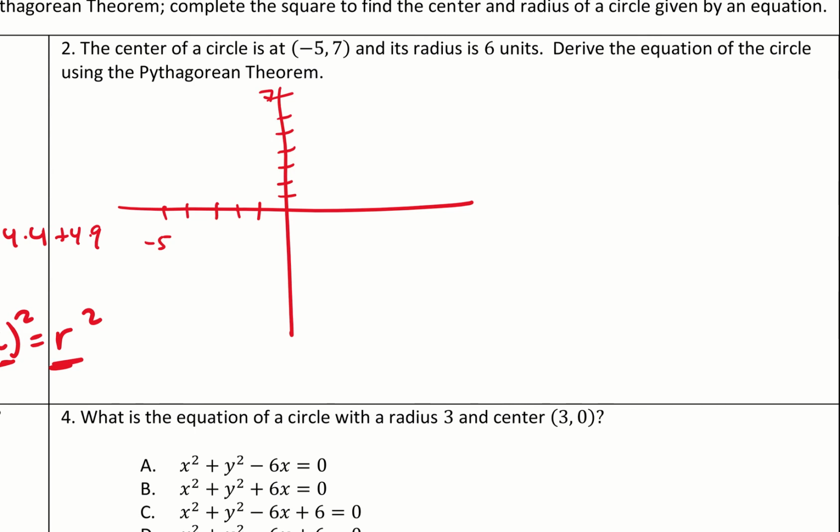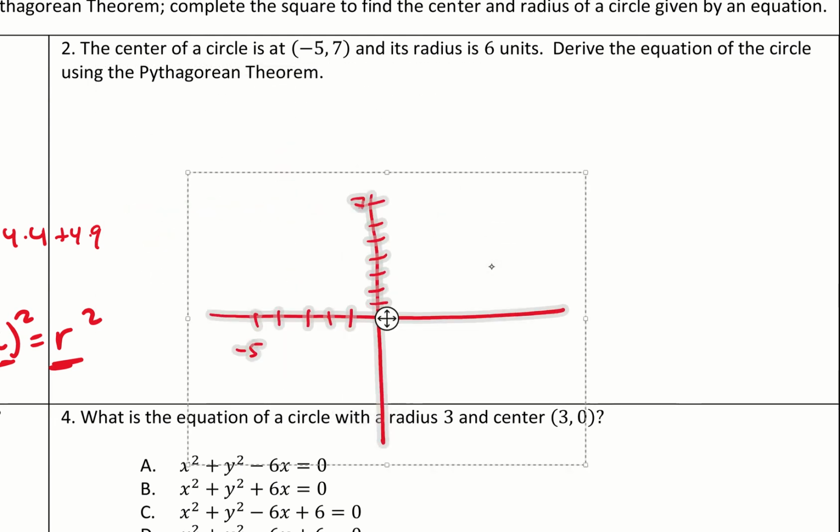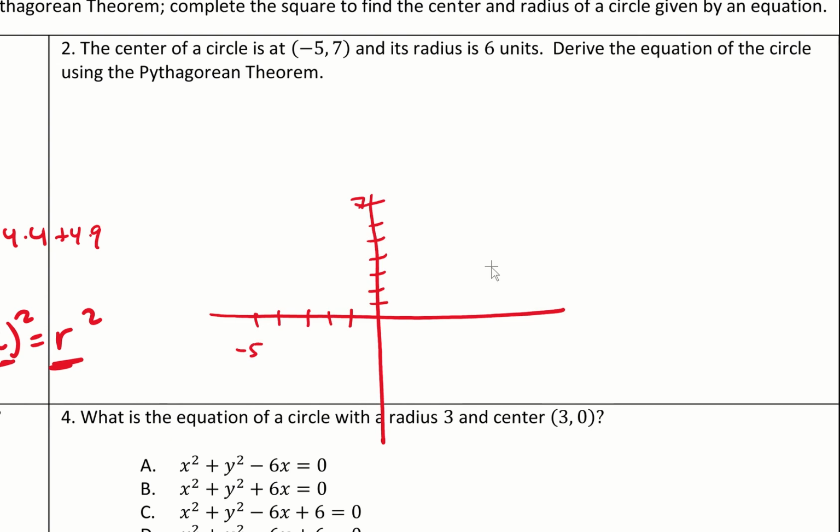And in fact, since the center of the circle is at -5, 7, and the radius is 6, I'm going to just bring this down a notch. Okay, so we got -5, 7 is my center. And the radius is 6. So it's going to be 6 away from the center on either side.